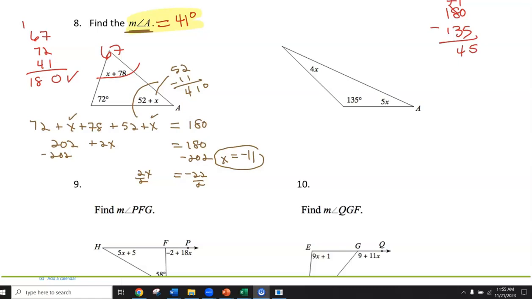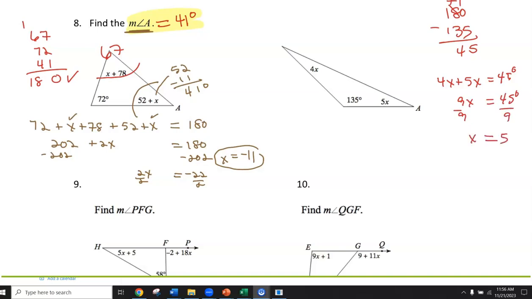Then I would say, okay, I still need 45 degrees inside that triangle. So 4x plus 5x must be 45 degrees. 9x has to be 45 degrees. Divide by 9, divide by 9. X is going to be 5.